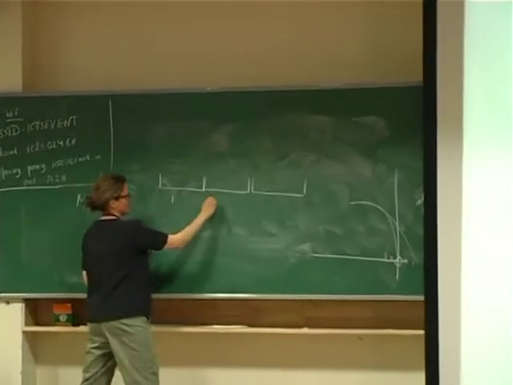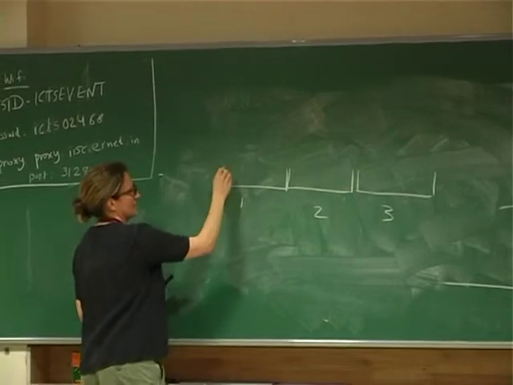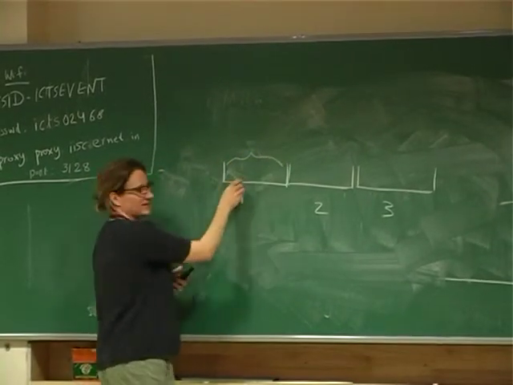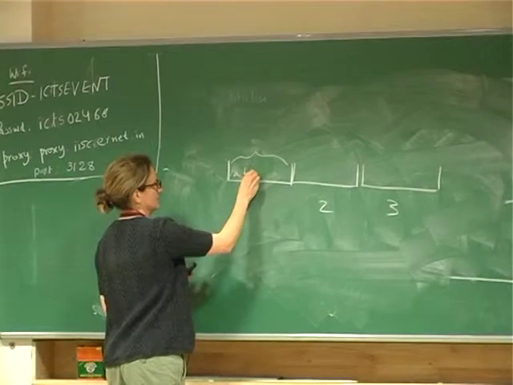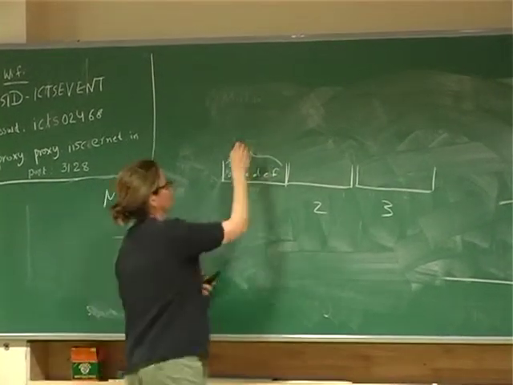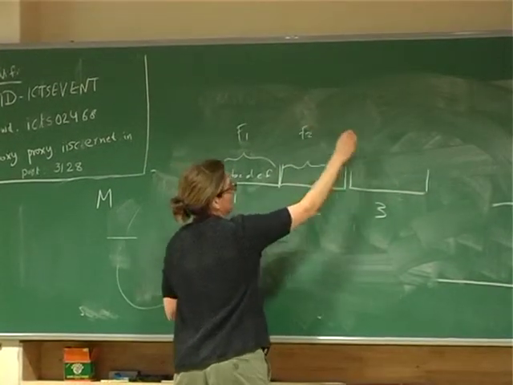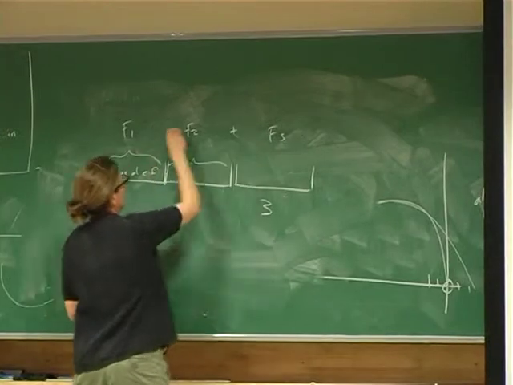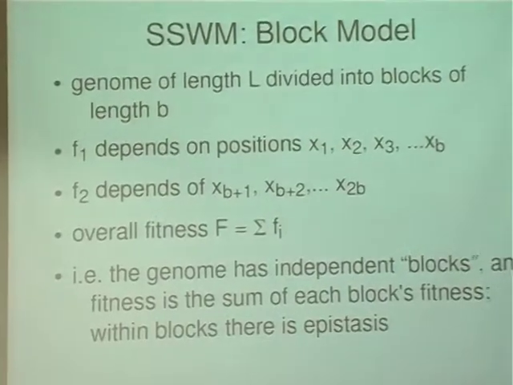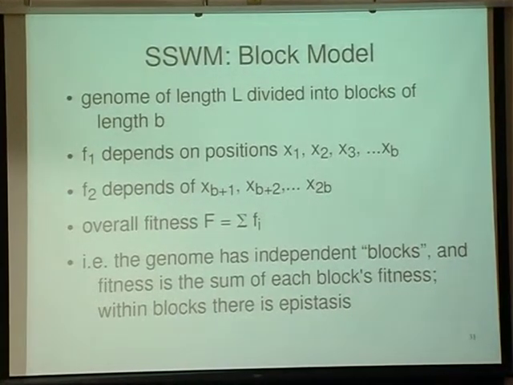We'll have 3 blocks. The fitness of this block depends on what sequence is there, and F2 and F3, and we're going to add them up. Depending on what question you want to answer, you might want to look at a range of numbers of blocks.